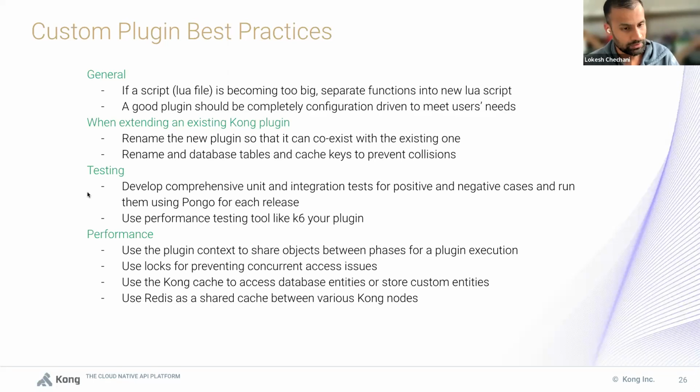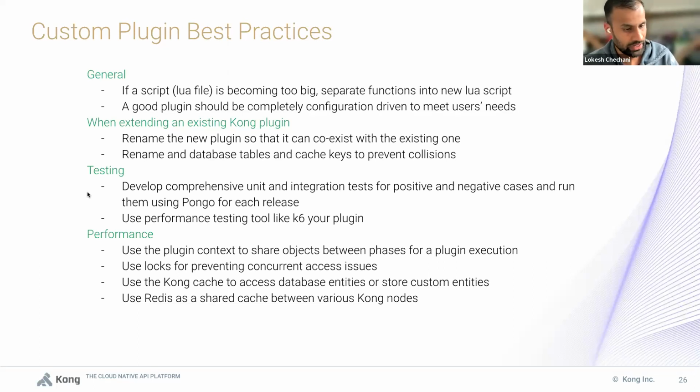Avoid locks, because if you have multiple workers with requests coming in, it gets very easy to run into contention where you want to update something. That happens primarily when you build a plugin which deals with your database and caching, etc. Use Concache as much as you can when you deal with the database, so that you don't need to read the database every time.